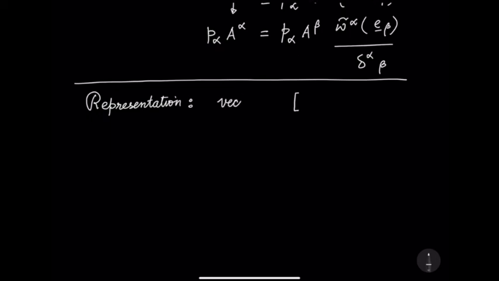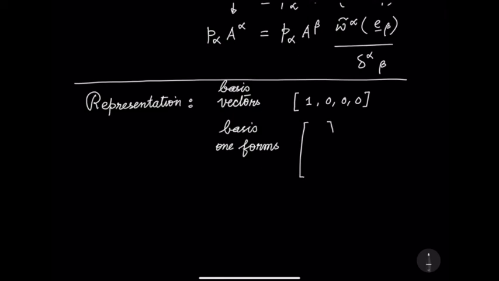Vectors or basis vectors are written with a column matrix like this, and basis one forms are then written with a row matrix. I'm just writing one of them with one of them.